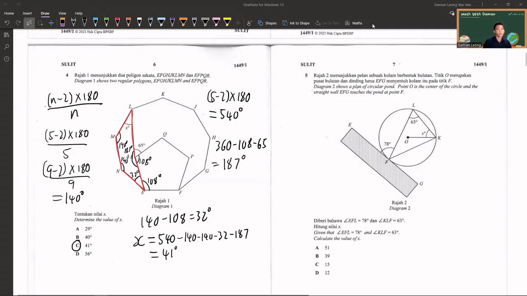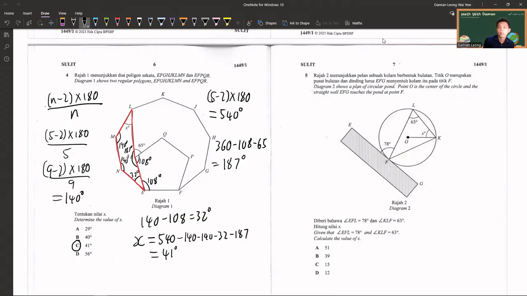Then we look at the question 5. So Raja 2 menunjukkan pelan sebuah kolam berbentuk bulatan. Titik O merupakan pusat bulatan. So ini pusat bulatan. Dinding lurus EFG menyentuh kolam itu pada titik F. So they only touch at one point.